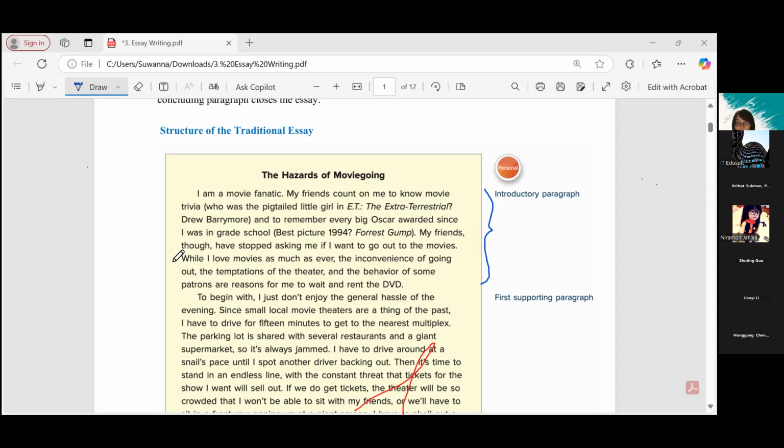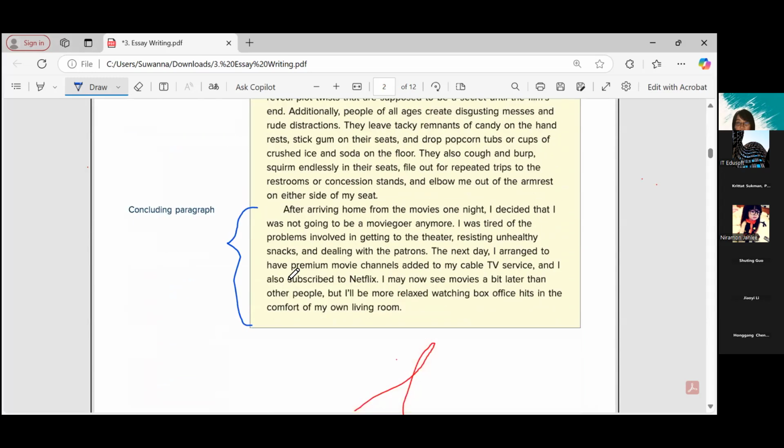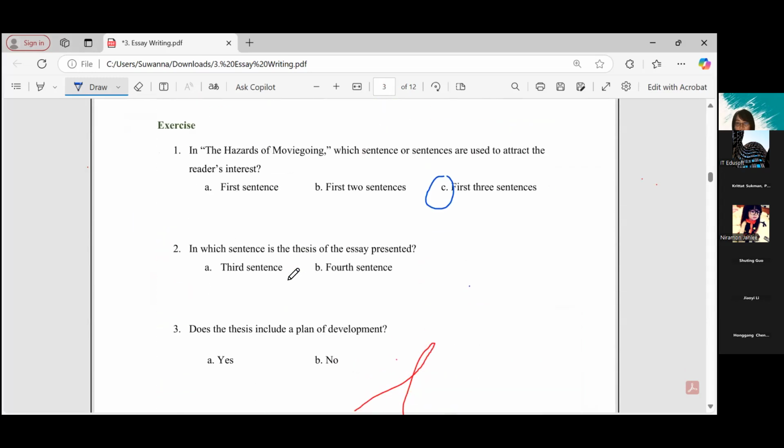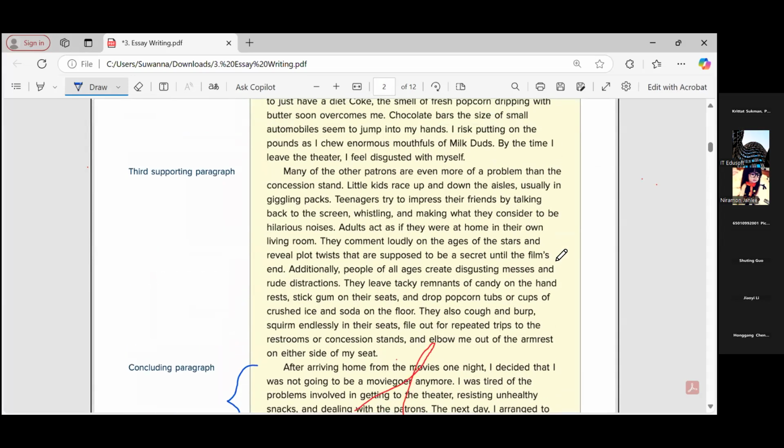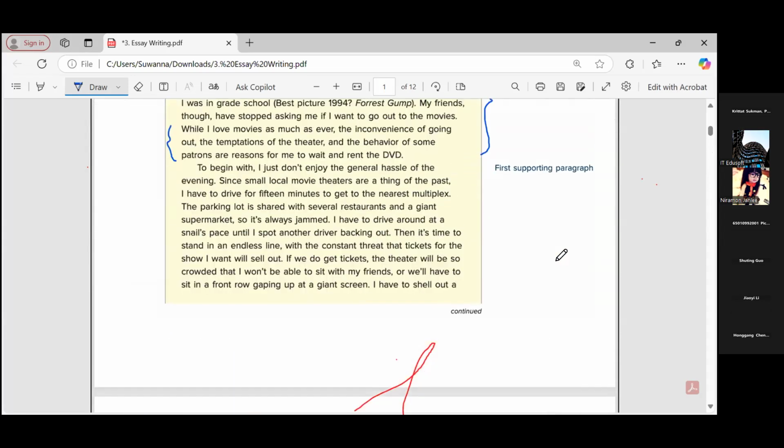Okay, I would say this is the thesis statement. And yes, it is the fourth sentence of the paragraph, right? So the answer is B.